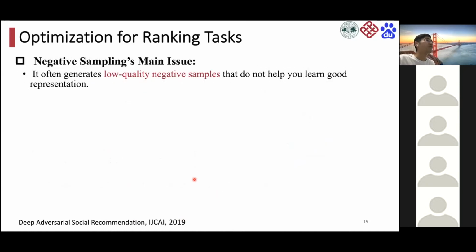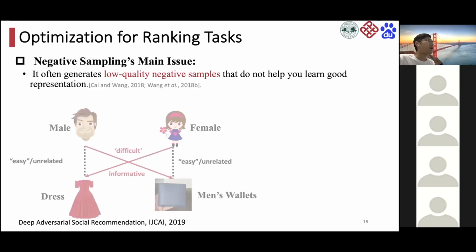However, for optimizing the ranking tasks in recommender systems, most existing methods adopt negative sampling techniques, which are quite ineffective. For example, in these figures, we have one male and one female. When we try to optimize the ranking task with negative samples, easy and unrelated negative samples are easily generated, like the red dress for the male and the man's voice for the female.